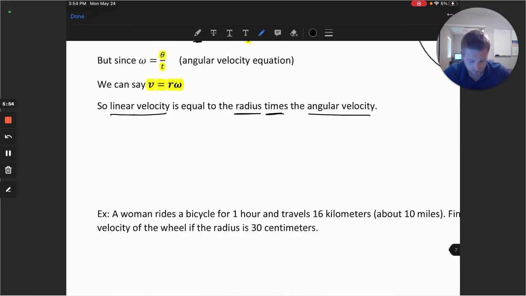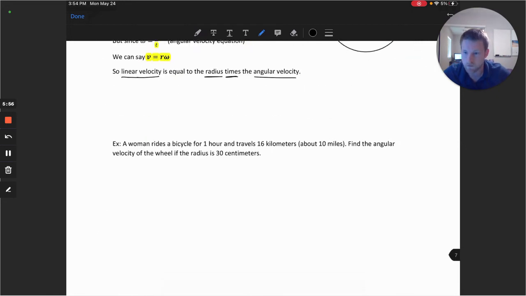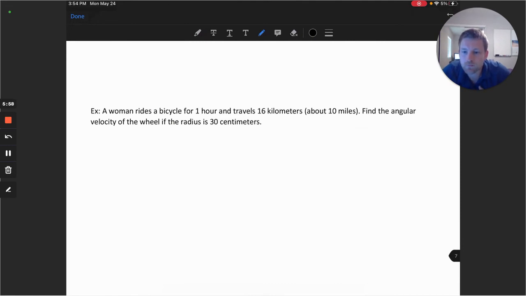So let's take a look at an example for this. Again, we know that the linear velocity is equal to the radius times omega. So we can use that in future problems.